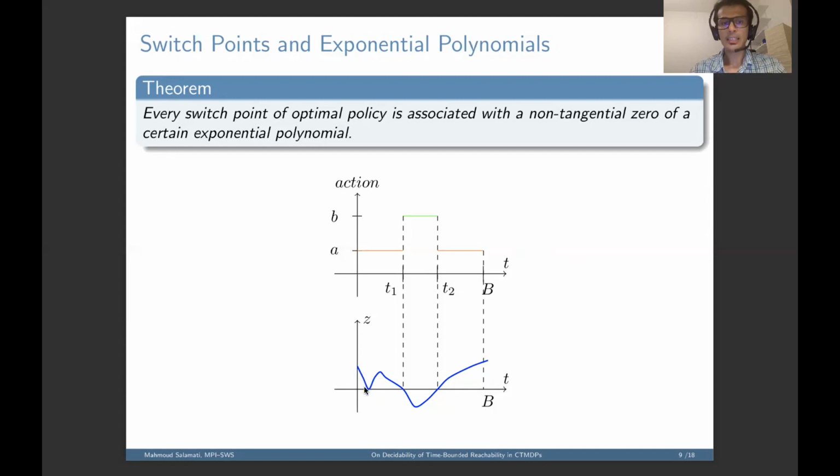You can see here that this function Z has one tangential zero and two subsequent non-tangential zeros at times t1 and t2. As this theorem states, the tangential zero has not led to any switch point for the corresponding optimal policy, whereas the two later non-tangential zeros have led to switch points for the optimal policy.